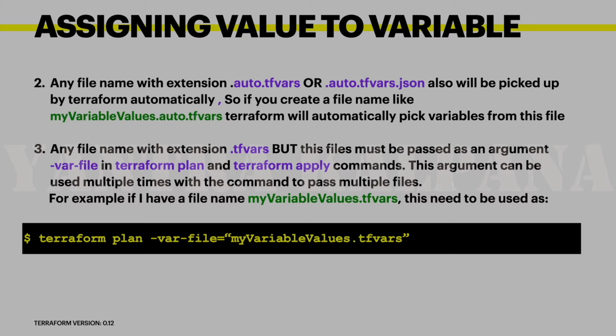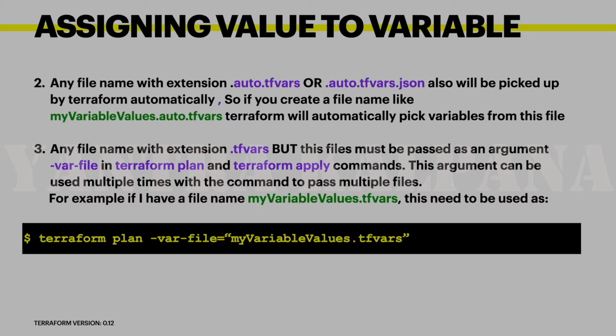These files also will be picked up automatically. So for example, if you provide a file like myvariablevalues.auto.tfvars, Terraform will pick up these files automatically. You don't have to supply them as an argument or anything like that. It will automatically pick them up, as it picks up terraform.tfvars. In the same way, it picks up the .auto.tfvars as well.